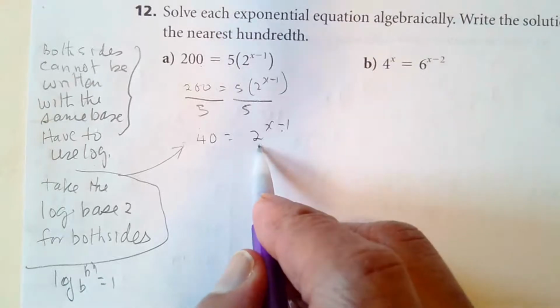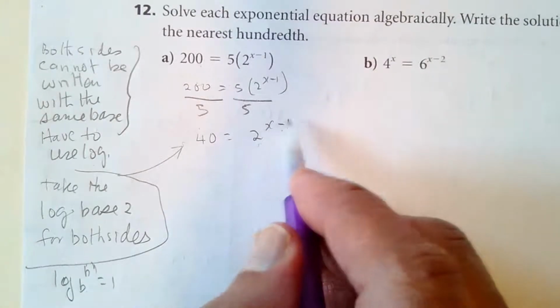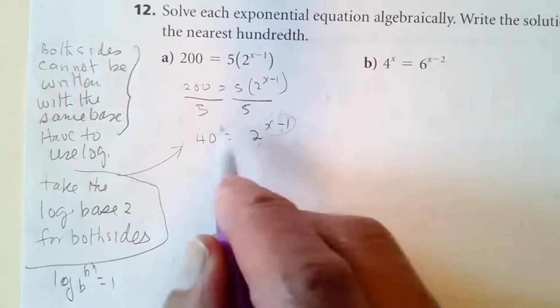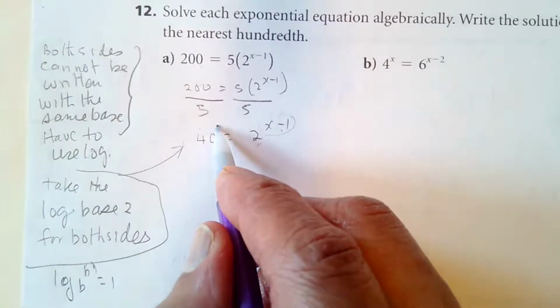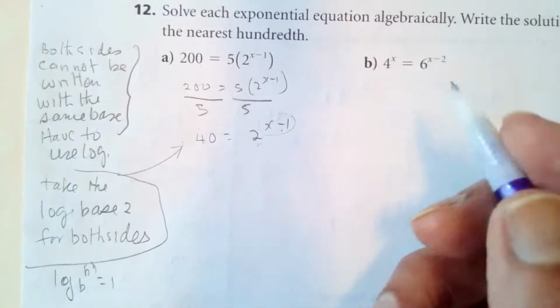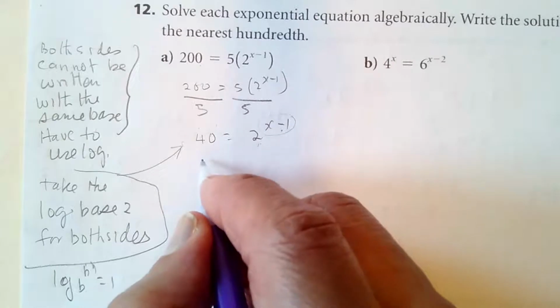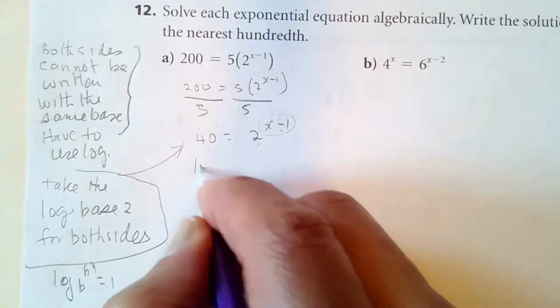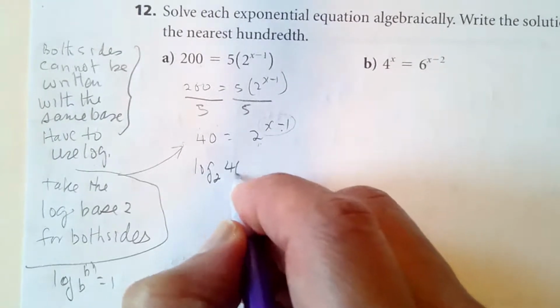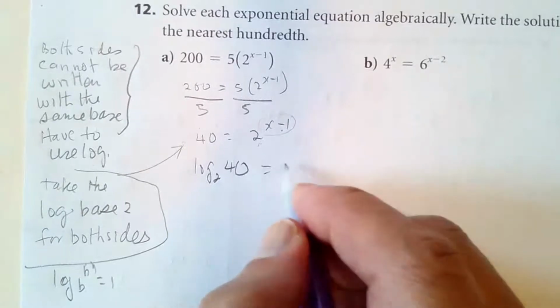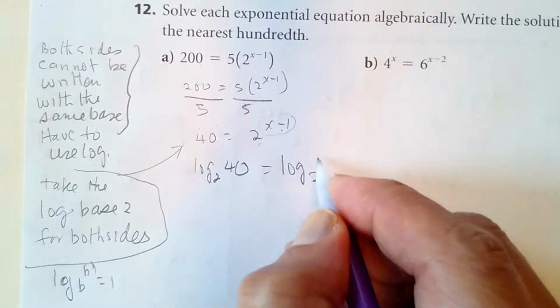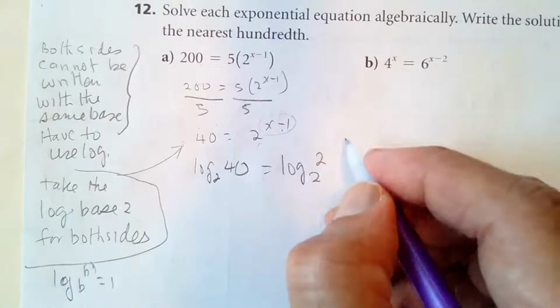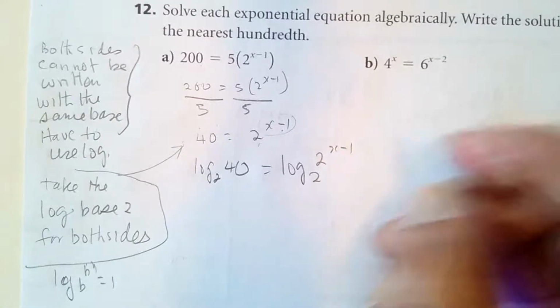So if this is base 2 to the power 2, then x becomes whatever value you have, log 40 in this case, over 2. So we have log 40 is equal to log 2 to the x minus 1.